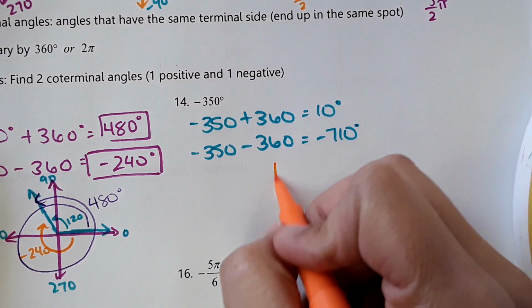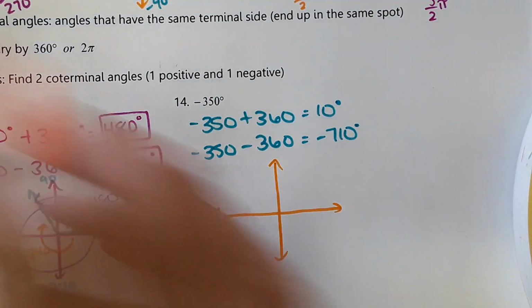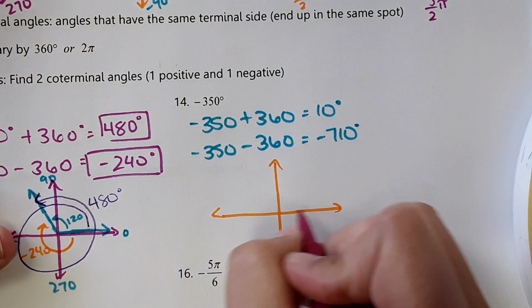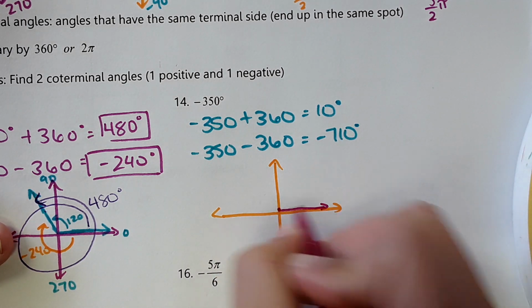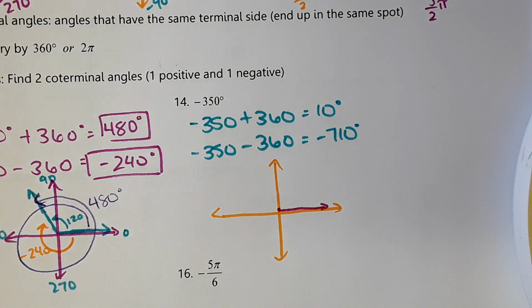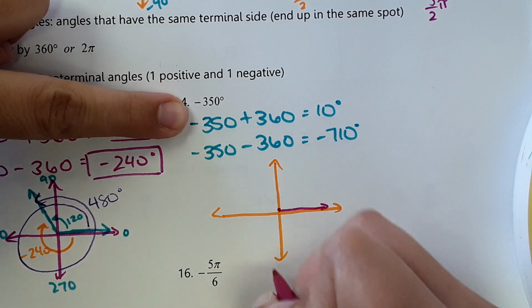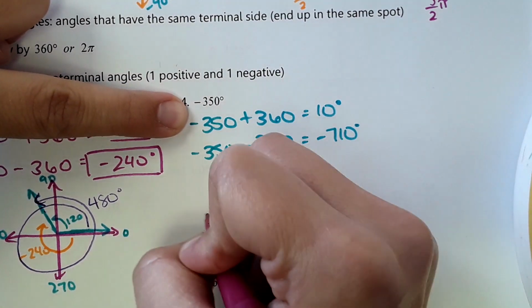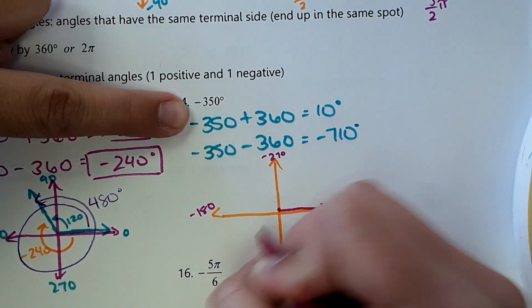So if we were to graph that, there's our initial one. Okay, so we have our initial side, the negative 350, so this would be negative 90, negative 180, negative 270.